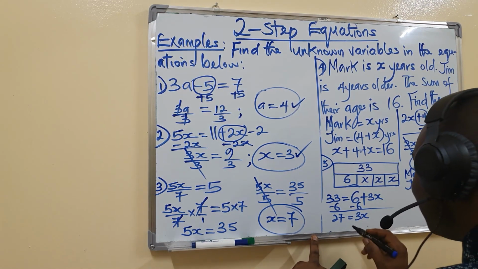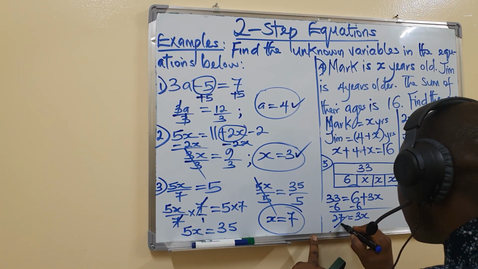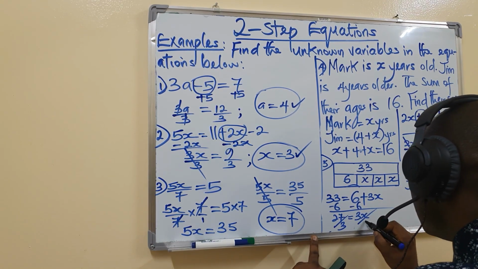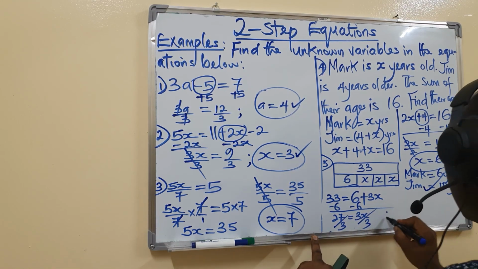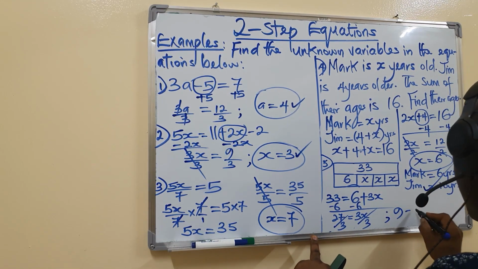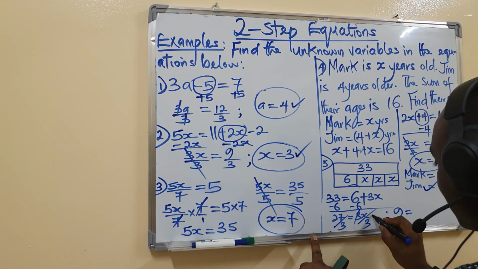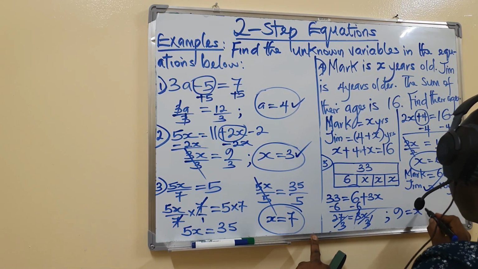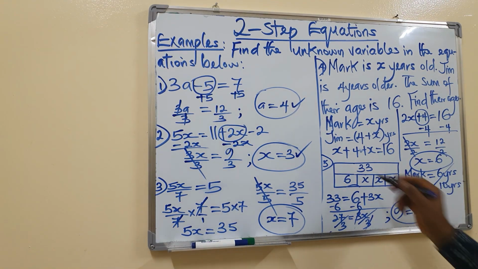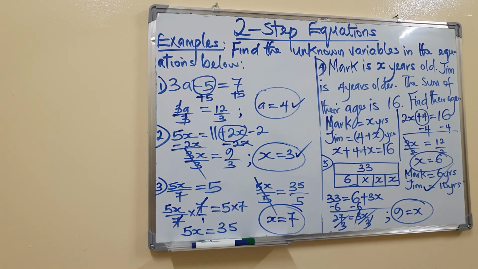So I'm going to be dividing the left here by 3 and the right here also by 3. 27 divided by 3 on the left gives me 9. And 3 divided by 3 on the right leaves me with 1. 1 times x is x. So it means that the value of x in this bar model is 9.